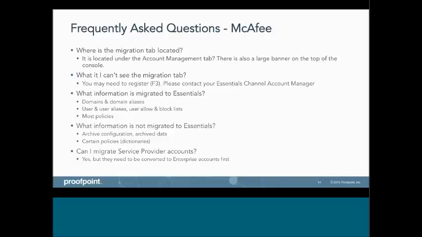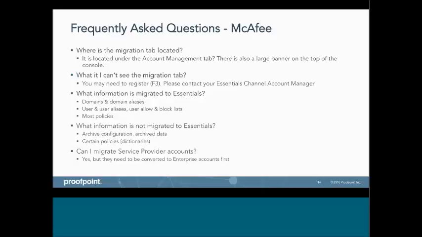The other element that we get a lot of questions around is anything related to the archiving service. If you are using the archive available from McAfee, we do not migrate over archive configuration. We don't migrate any archive data. You would have to recreate that configuration inside of Proofpoint.